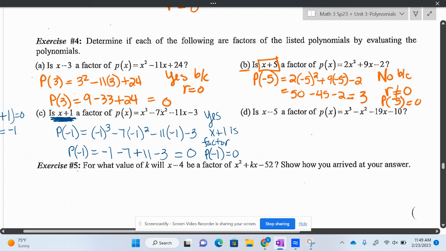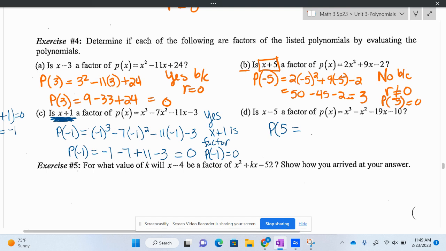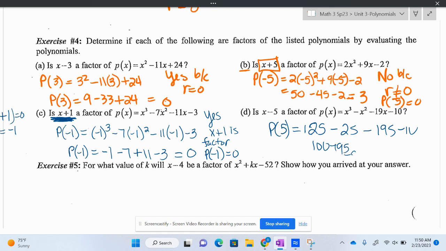Do we need to do D? Okay, I'm going to just do it really fast. So P of 5, I get 125. I'm doing it in my brain. Is that okay? Minus 25, minus 195, minus 10. So that's 125 minus 25 is 100.